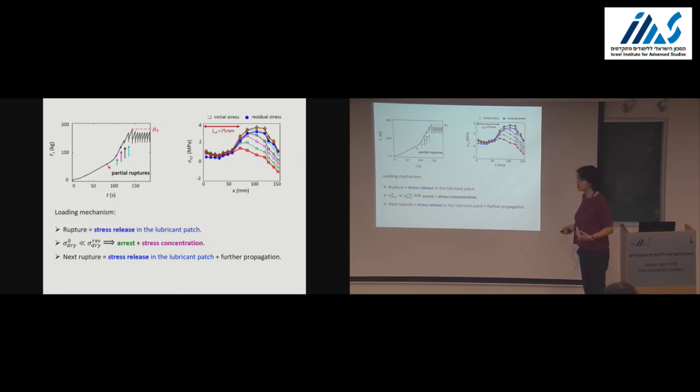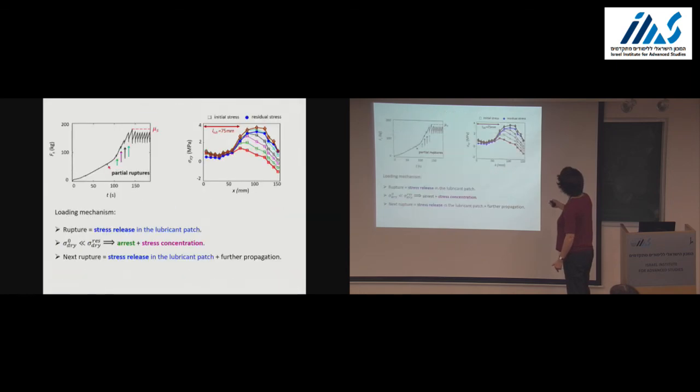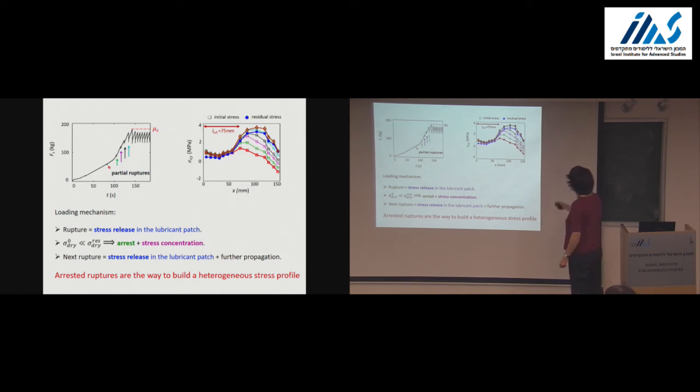Again, it releases the stress in the lubricated patch. But now, it can propagate further along the dry interface, both because the shear force has been increased, we loaded the system more, and because of this concentration of stress due to the previous arrest. And it's going like that, pushing the stresses along the dry interface. It's because of this dynamic of arrested ruptures that we can build this very heterogeneous stress profile. Right? It's not that intuitive how you get to the result of Bowden and Tabor if you don't know about partial ruptures.